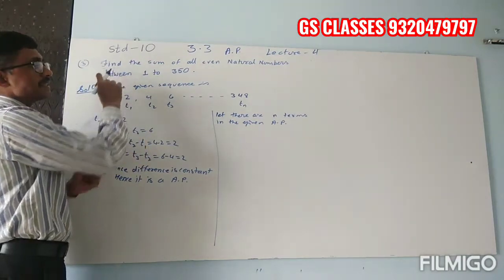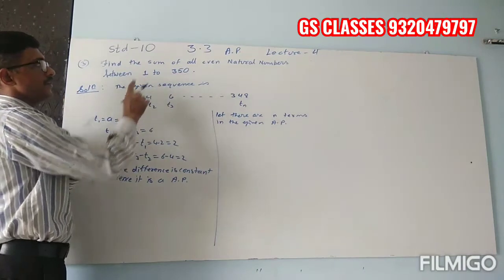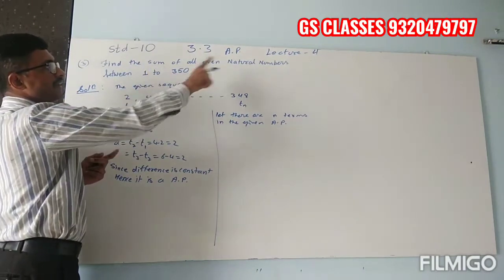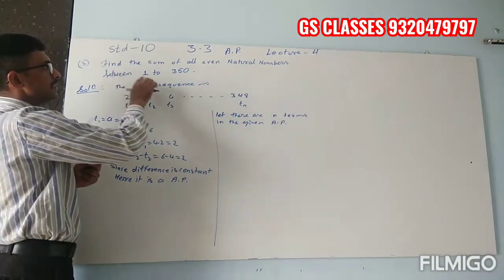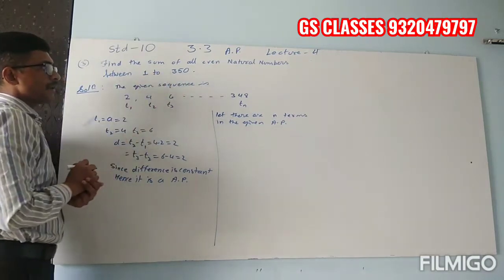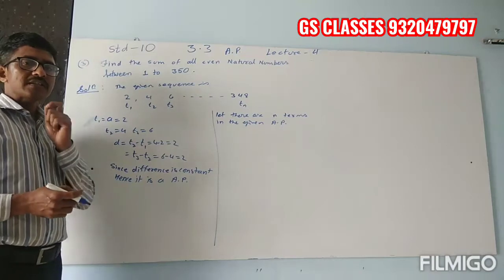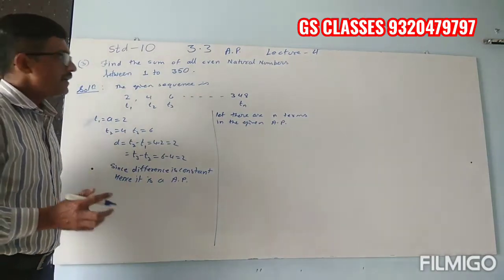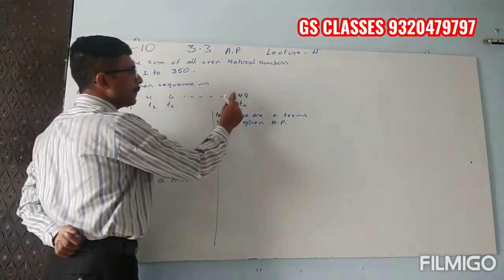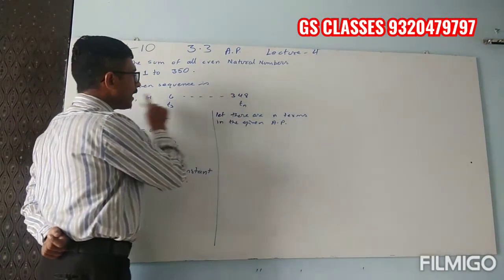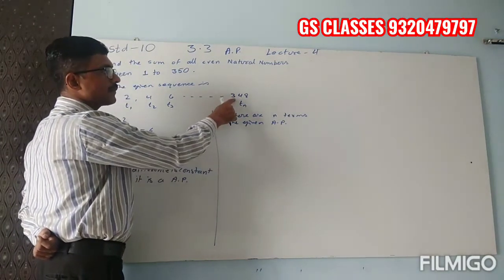And we have to find the sum of those n terms. Find the sum of all even natural numbers which are between this to this. So before finding that sum, first thing what you have to calculate is the number n. How many terms are there?